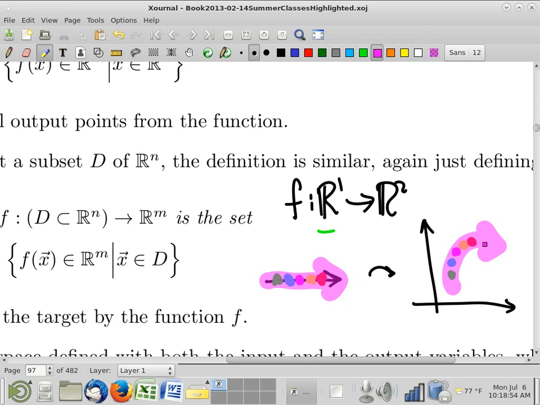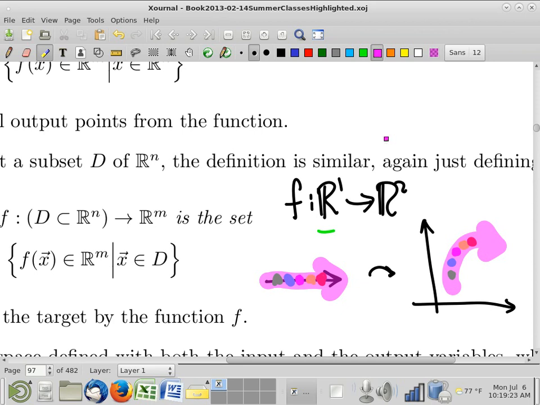It's effectively taking the entire domain, picking it up, and maybe bending it around, contorting it in some way, but then placing it down in the target. So typically, if you have a function of one variable, you expect the image to be one-dimensional, in this case a curve. All right, so this curve here is the image of this function.